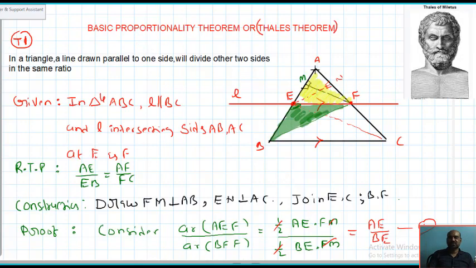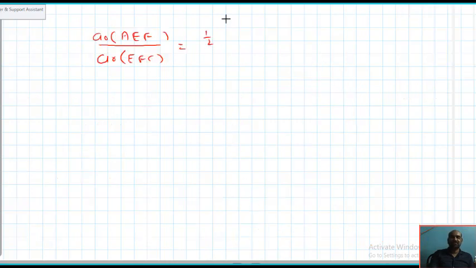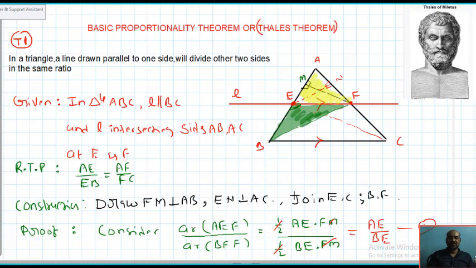Observe, students, for this triangle I want to take AF as the base. If you take AF as the base, EN becomes the height. AF into EN by, for this triangle any side you can take as the base. I want to take FC as the base. Automatically EN becomes the height, because obtuse, no, here the height is outside. FC into EN.